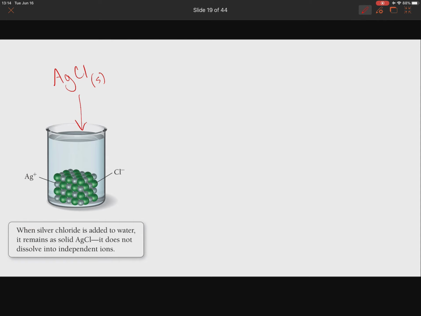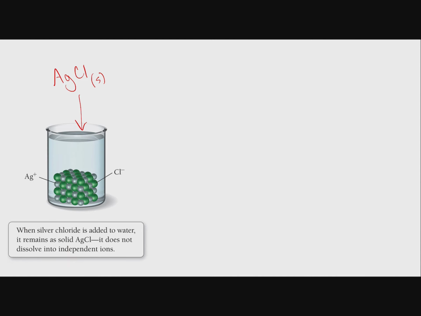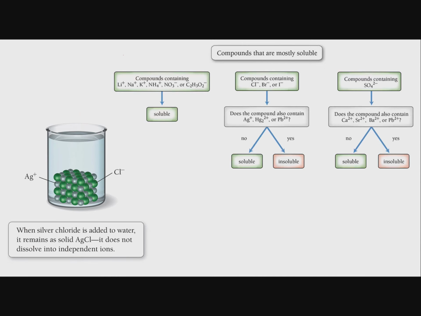So when a compound is soluble in a particular liquid, it dissolves, and if it is insoluble in that liquid, it does not dissolve. And so for ionic compounds, the rules of solubility have been deduced for a lot of different compounds for water, and let's talk about those. So compounds that are mostly soluble, we'll talk about first.